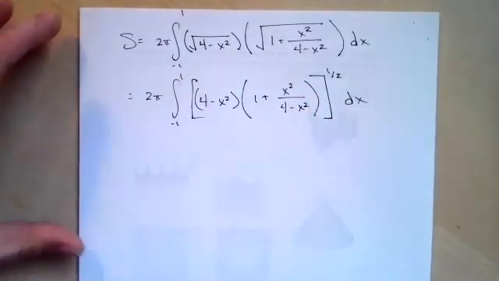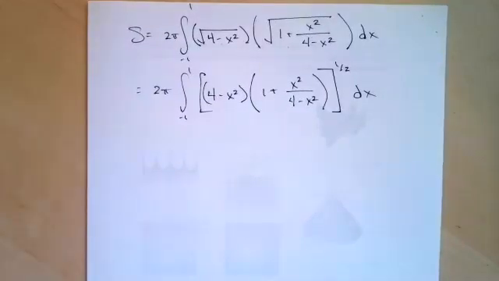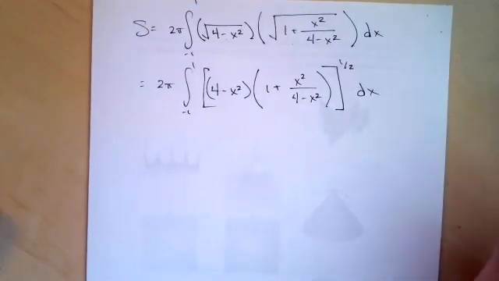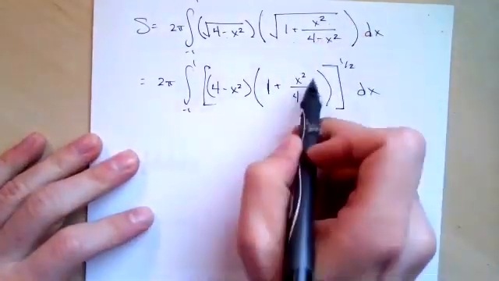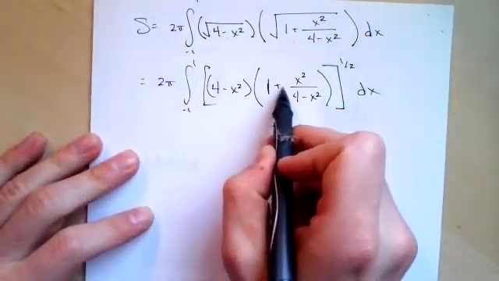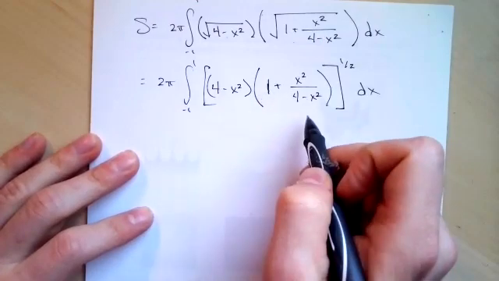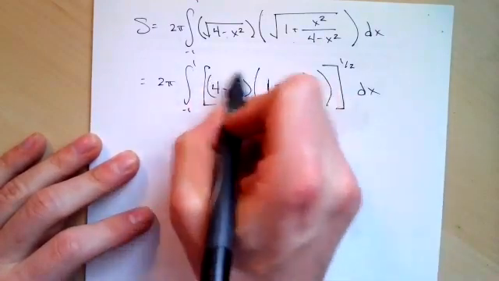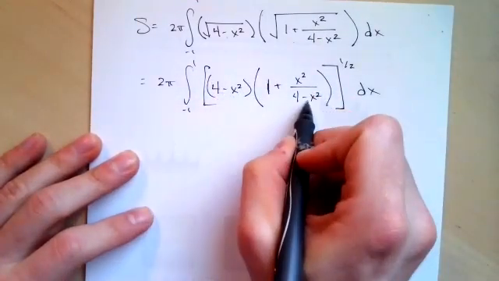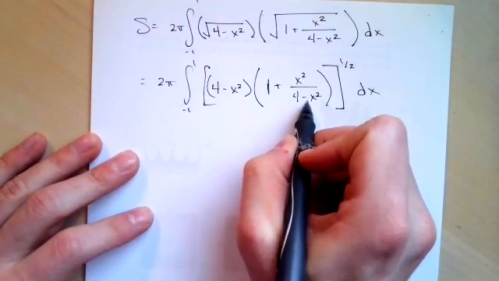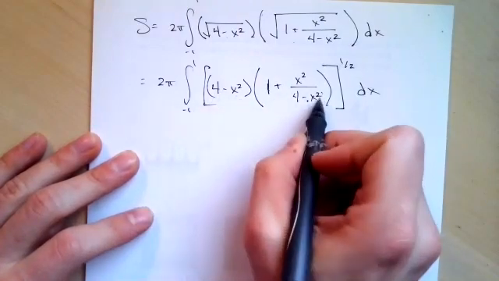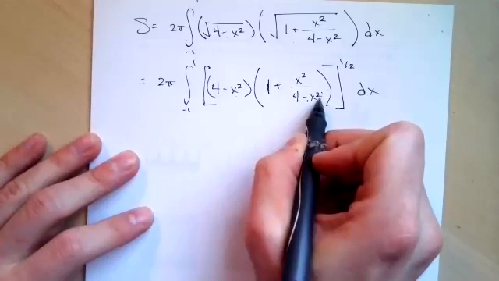Sometimes drawing square roots can just get a little messy, and organizing your roots, especially if they're huge. And then things you can do, well, this term is not entirely nice. You might want to find a common denominator for those. The other thing you can do is distribute this factor as a whole into there. And the nice thing about that is this 4 minus x squared will cancel the other term's denominator.